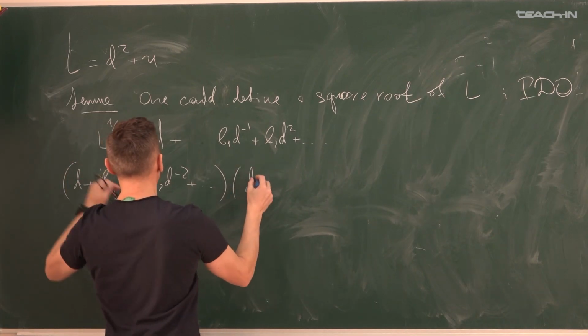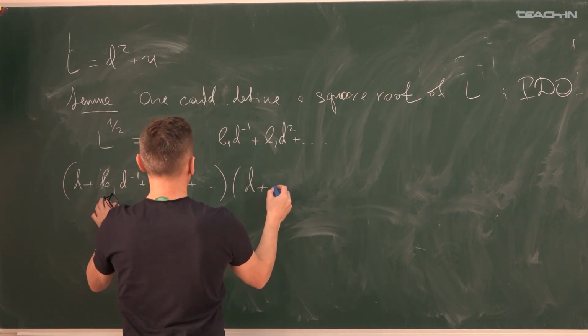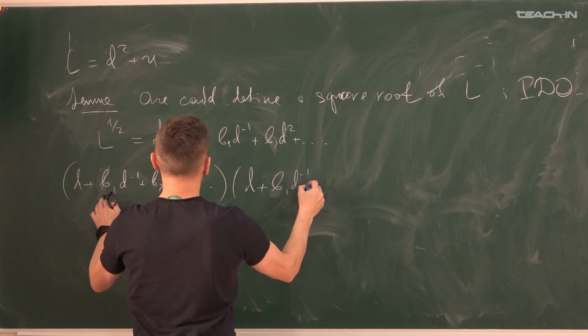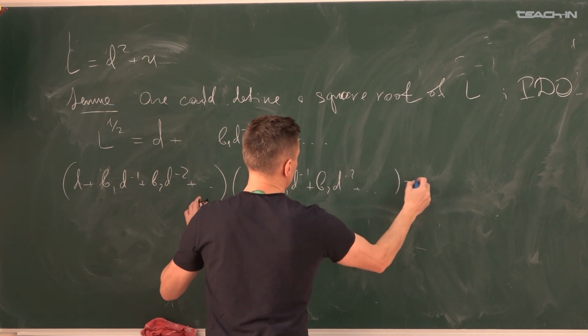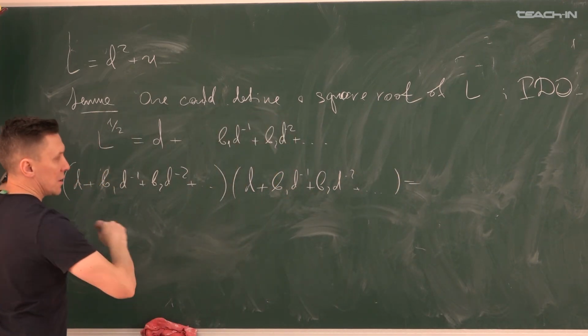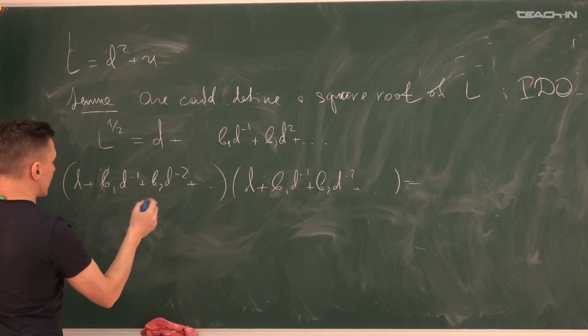If we multiply it by b1 d minus 1, b2 d minus 2, etc., we get some system of equations.